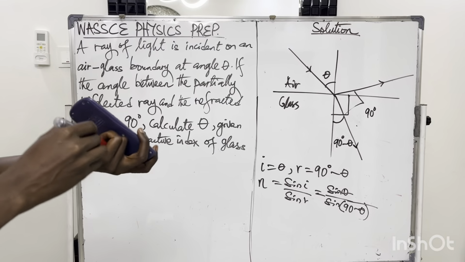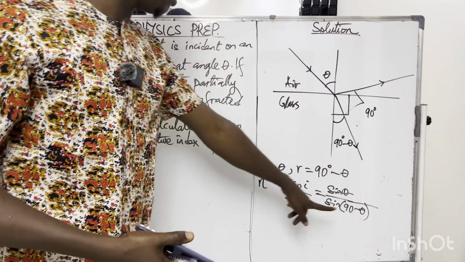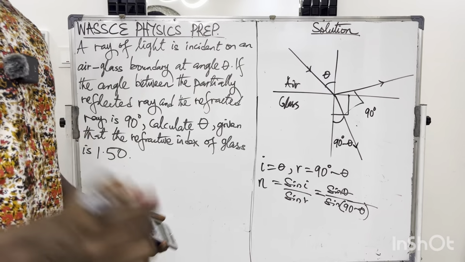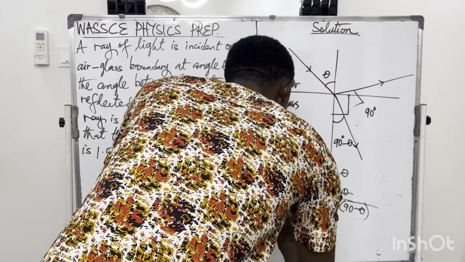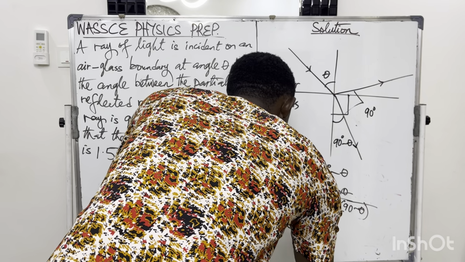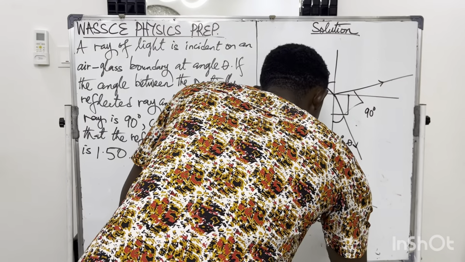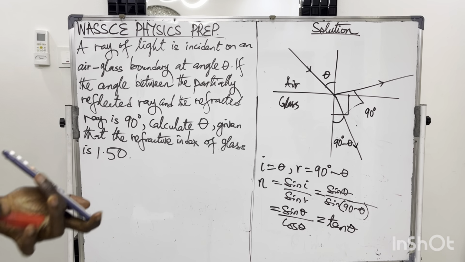And if this is the case, then we'll be using a trig identity that says that sine 90 minus theta is equal to cos theta. So this will now be equal to sine theta over cos theta. By another trig identity, sine over cos is tan theta. I hope this is clear at this point.